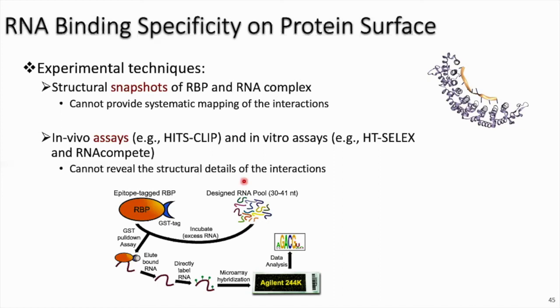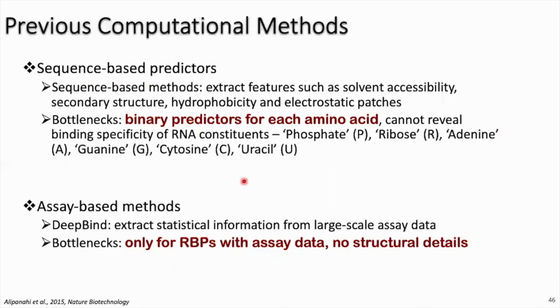Unfortunately, all of those previous computational methods are unable to do that. Those methods can be divided into two categories. In the first category, people try to extract some features from the sequence and then build a binary predictor to predict whether each amino acid can be a binding site for the RNA or not.